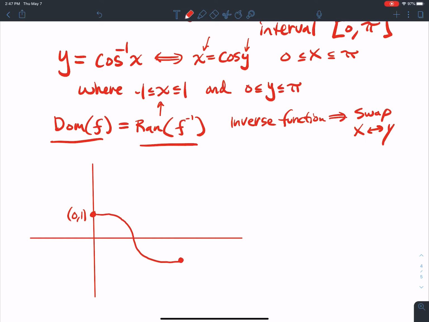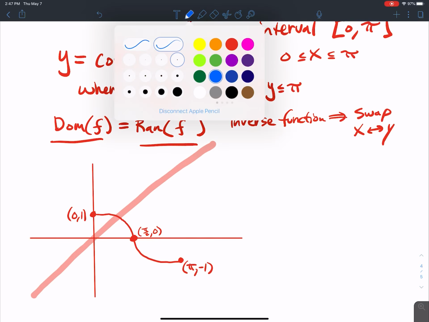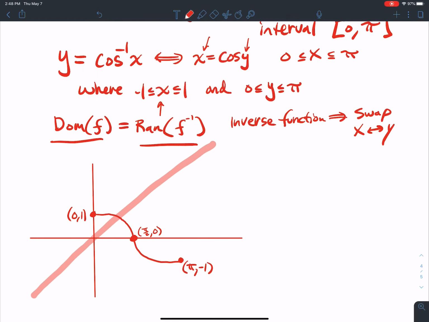So (0, 1) here, and then this point here is (pi, -1). If I'm going to flip it across the line y equals x, this point right here is actually (pi over 2, 0). So that is the cosine. This is y equals the cosine of x.